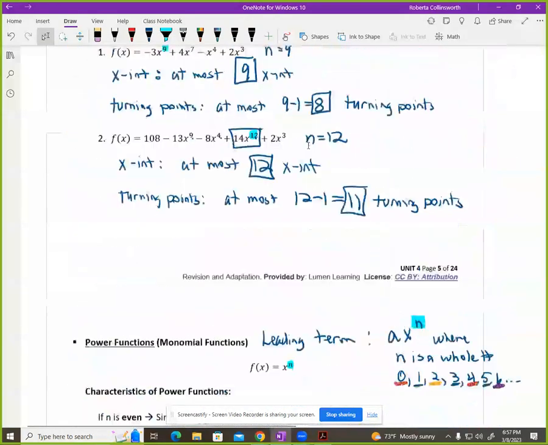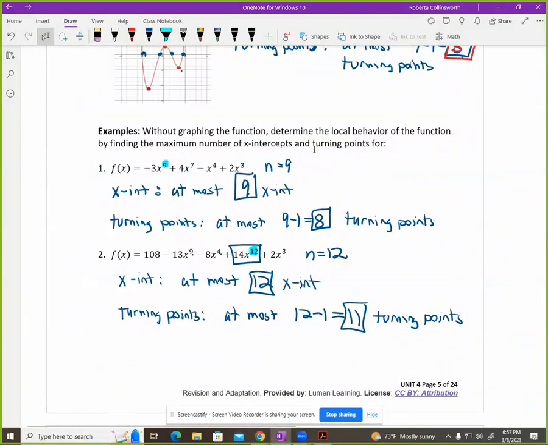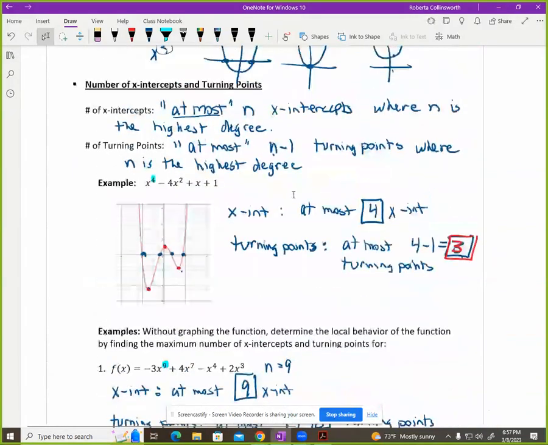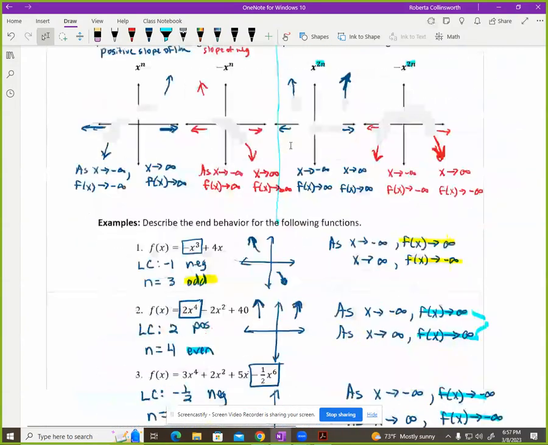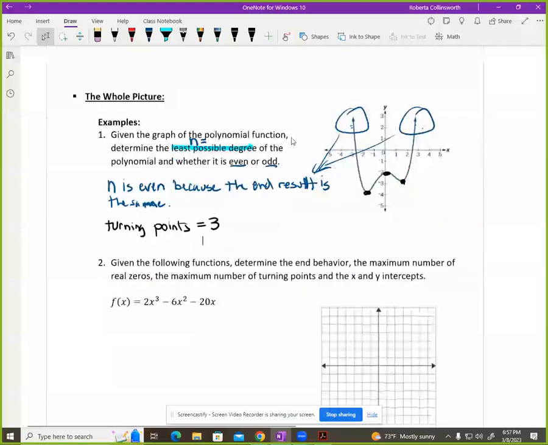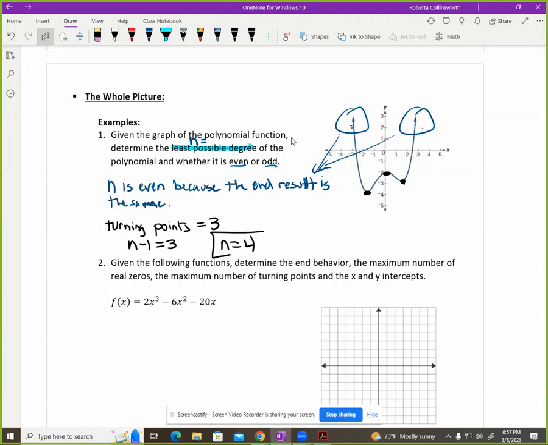So we scroll back up here. To get our turning points, we did n, the degree, minus 1. So I already know what the turning point is. So I know I can put an n minus 1 here and know it has to equal 3. So I just add 1 on both sides and I get n equals 4. That is my degree of this polynomial.